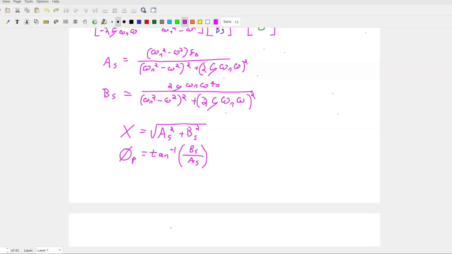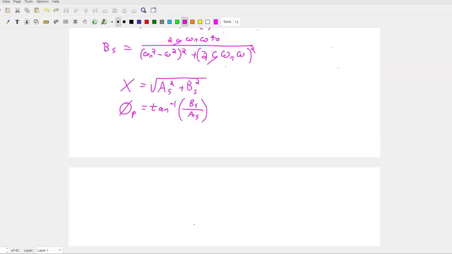So now I have a parameter for X and phi p. We can derive values for a particular solution now that are more interesting. We want to drop A_s and B_s so we don't have to solve those out every time.